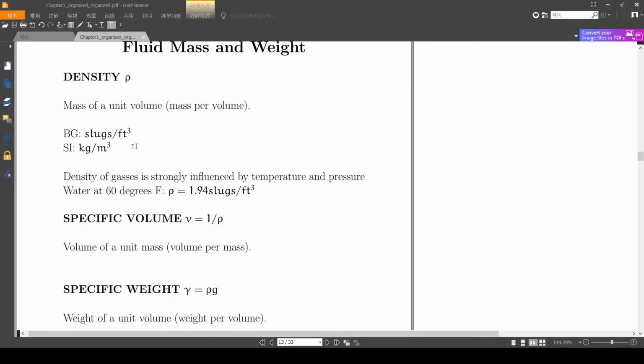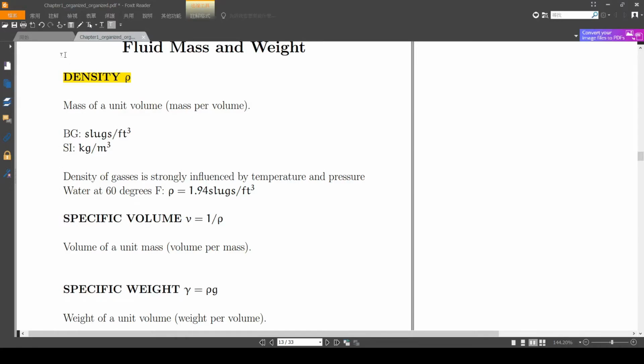A simple note here: the density of gases is strongly influenced by temperature and pressure. So if you want to analyze a fluid like the gases, you have to look at the table to find the temperature and the pressure. Then you will get the corresponding density of the gases in that situation.